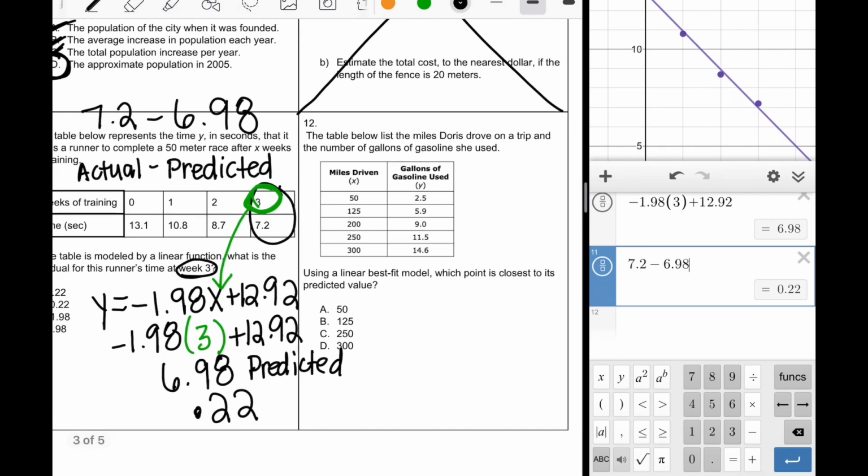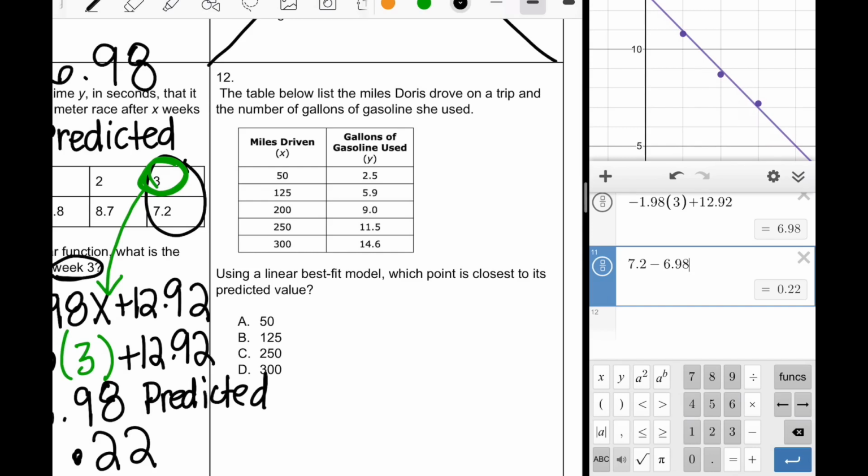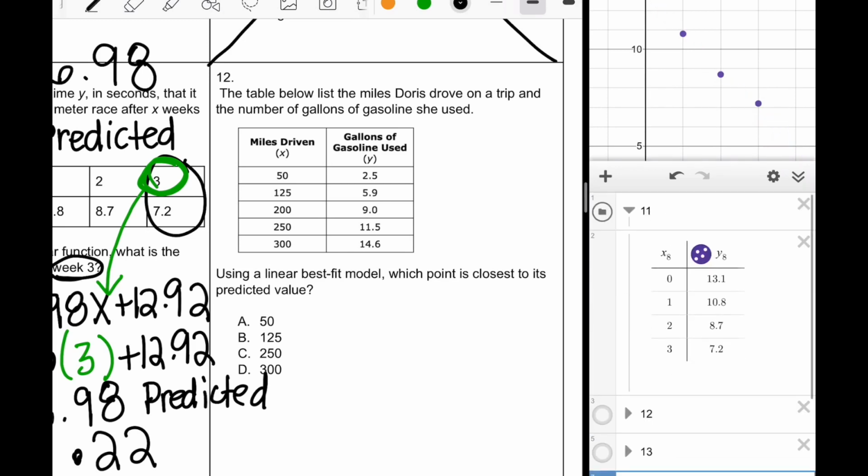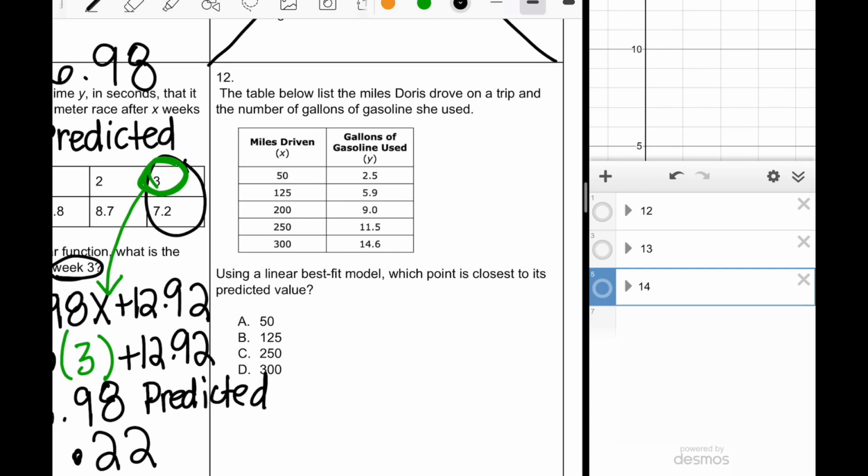All right, number 12, it says the table below lists the miles Doris drove on a trip and the number of gallons of gas that she used. Using a best fit model, it's asking us to find the point that is closest to the predicted value.